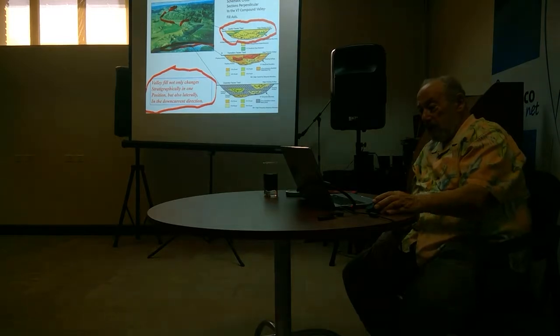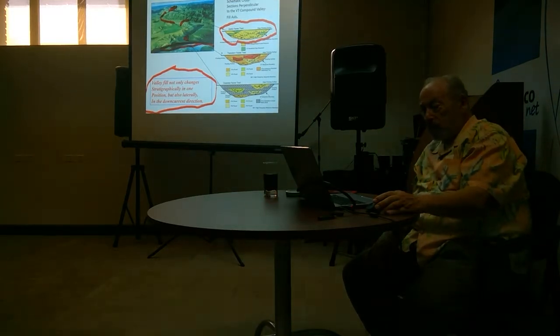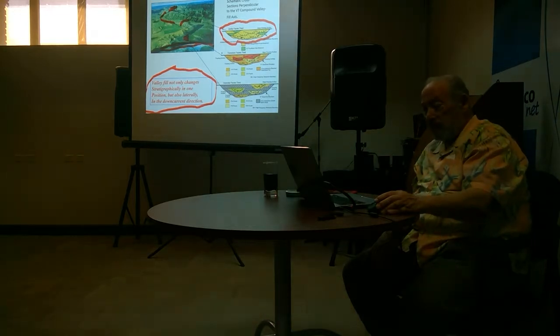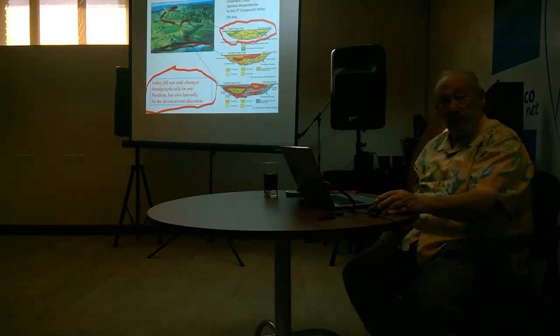As you get down towards the mouth of your valley, you get dominantly marine, and that's marine shales shown in gray, with some lenticular fluvial sands or estuarine sands encased in the shale.